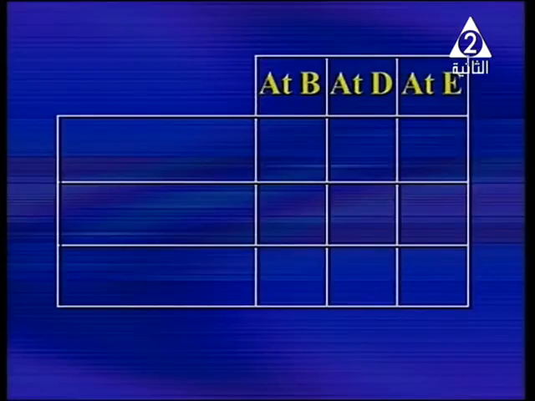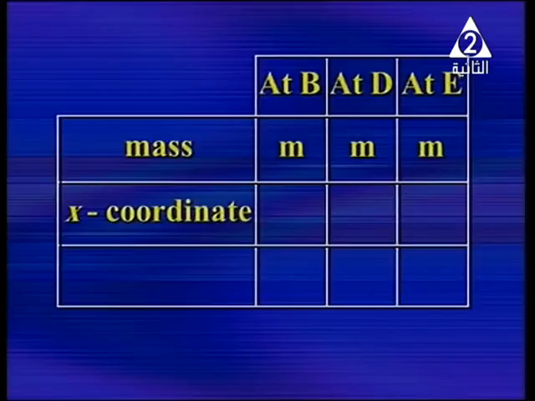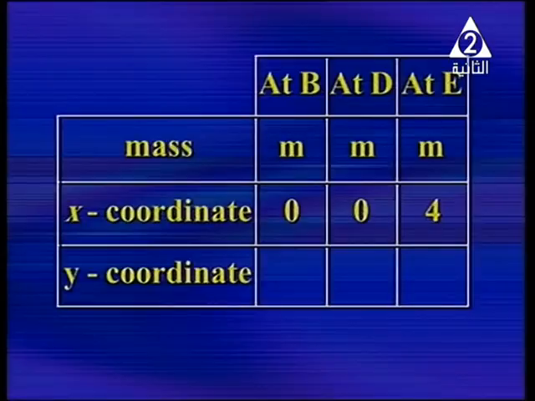Look at the table. At point B, at D, at E. What is the mass? The mass at point B is M, at D, and at E, the three equal masses. Then the x coordinate at point B is 0, at D is 0, at E is 4. The y coordinate at point B is 0, the origin point, at point D is 3, at point E is 3.